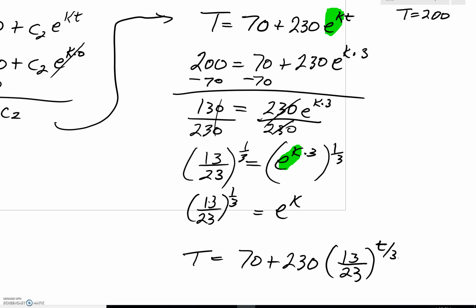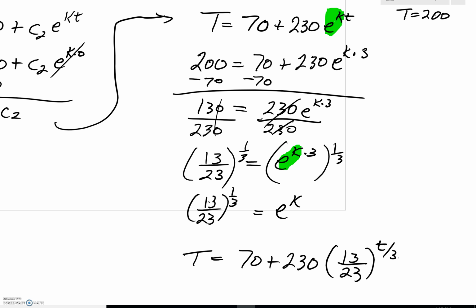Okay? We doing okay? Right now you have something spectacular. You could find the temperature of the cake for any time. You could say, I wonder what the temperature is at 7 minutes or at 14 minutes, whatever you're dreaming up.